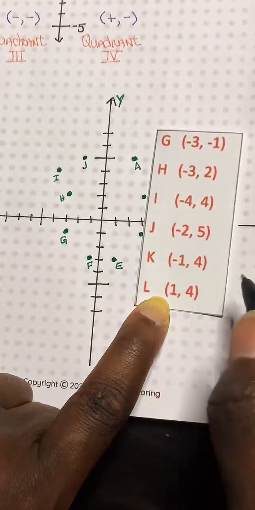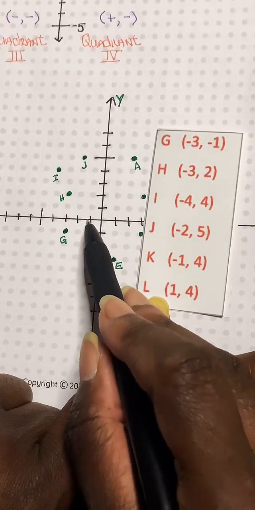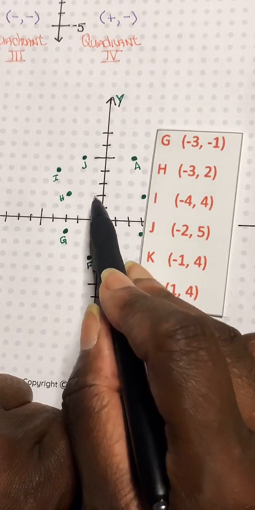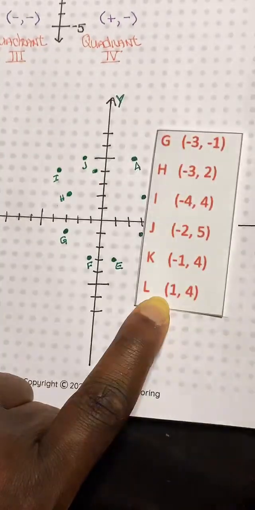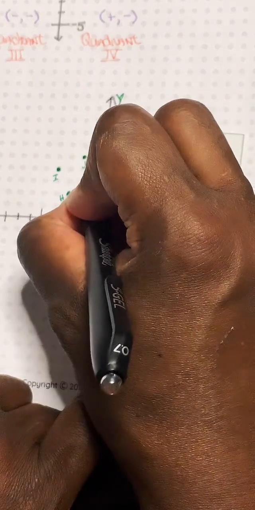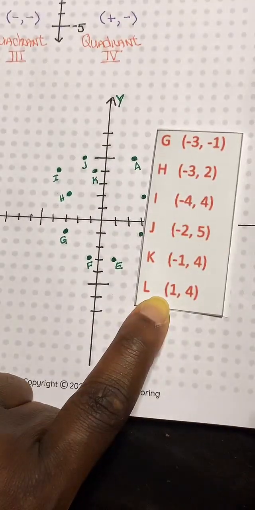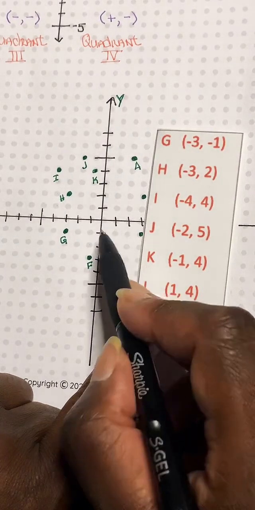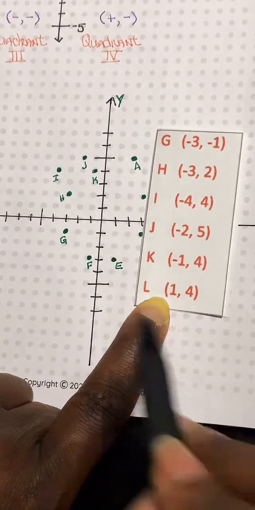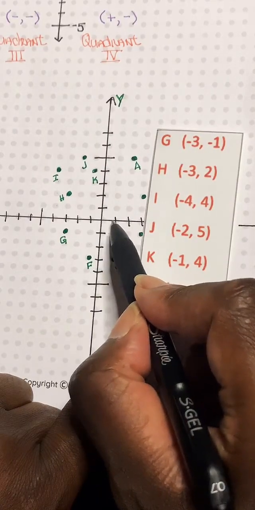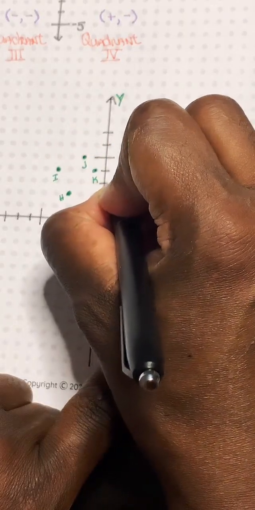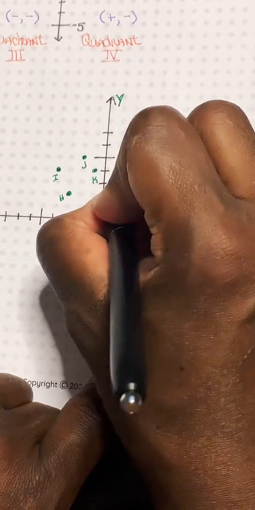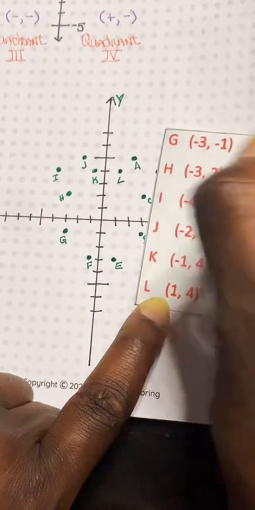Okay, that's our J. And then we have (-1, 4). 1, 2, 3, 4. And that will be our K. And lastly, we're at (1, 4). So go over 1, then up 1, 2, 3, 4. And that is our L.